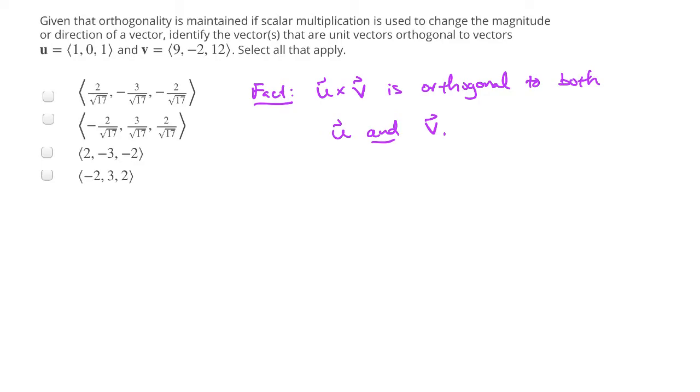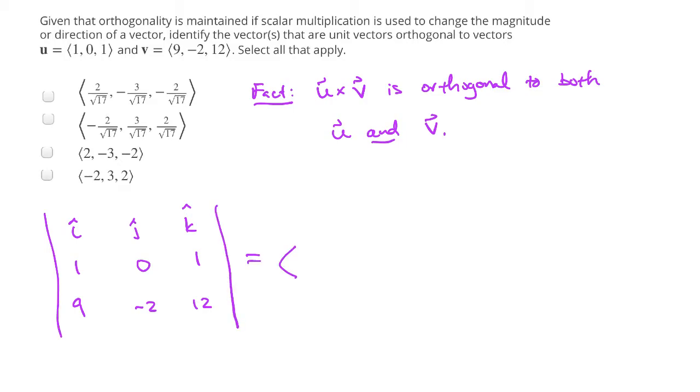Just using our matrix notation to remember how to compute that, we've got our vectors i, j, and k. Then for u, we've got 1, 0, 1, and for v, we have 9, negative 2, and 12. Our first determinant is: get rid of the first row and first column, leaving 0, 1, negative 2, and 12.